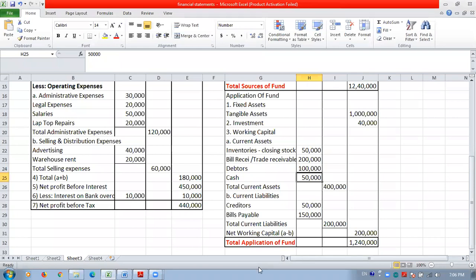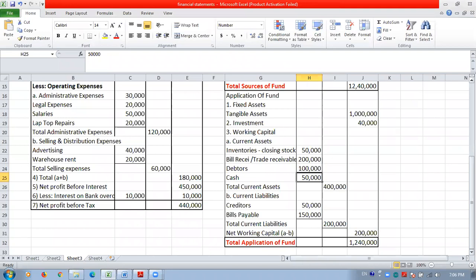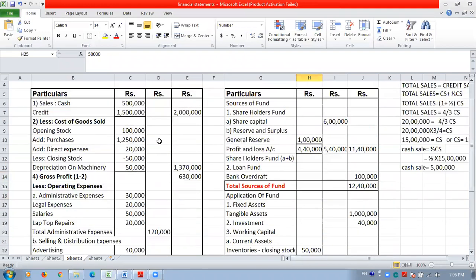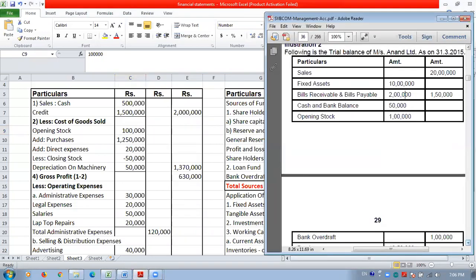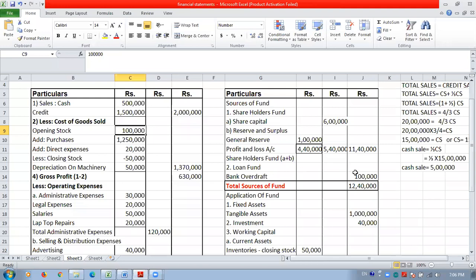Then the next item is opening stock 1 lakh. This opening stock is put in the profit and loss statement, so here the opening stock 1 lakh is stated. Next item is bank overdraft. It is a short-term loan, so we bifurcated it as a short-term loan or unsecured loan 1 lakh. That's why it appears under loan funds, 1 lakh.